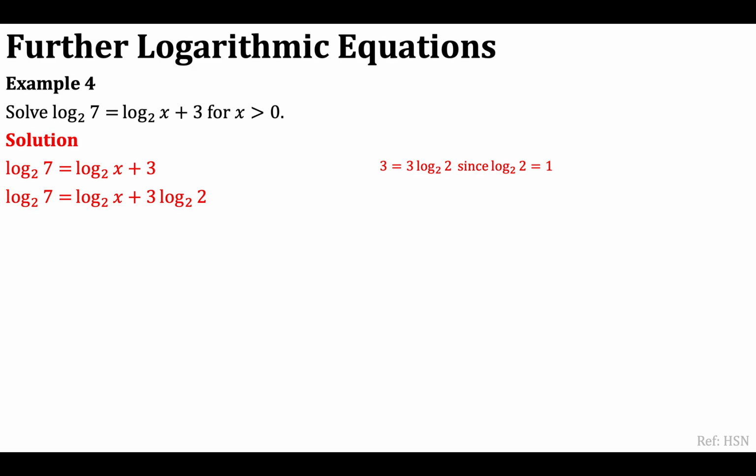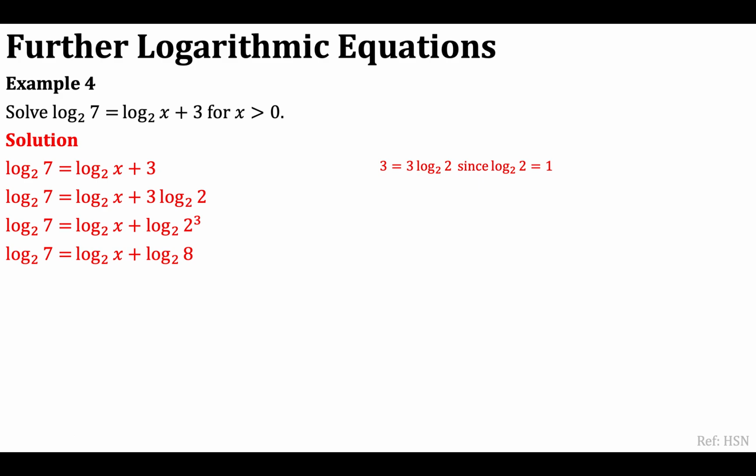That gives us the equation log to the base 2 of 7 equals log to the base 2 of x plus 3 log to the base 2 of 2. Now I can express 3 log to the base 2 of 2 as log to the base 2 of 2 cubed. So that leaves me with log to the base 2 of 7 equals log to the base 2 of x plus log to the base 2 of 8.